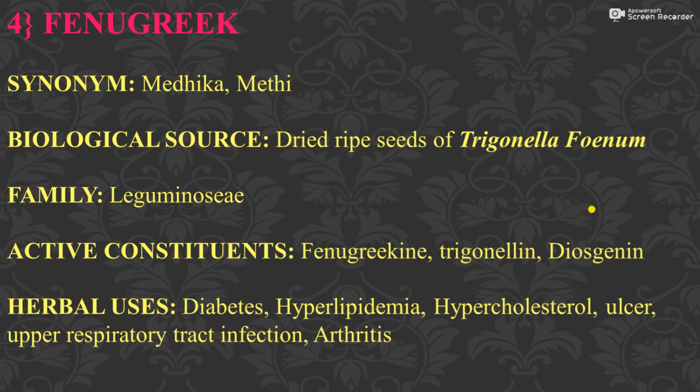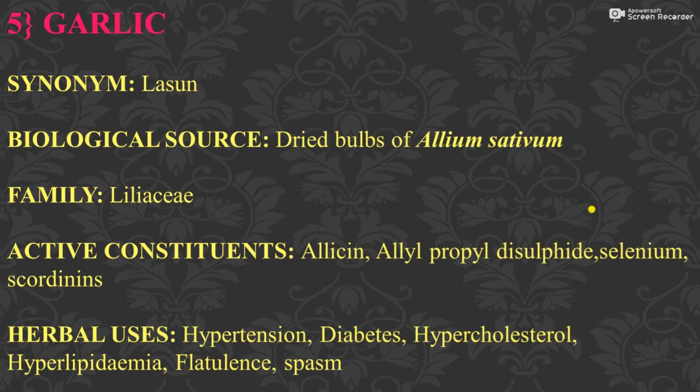Then garlic, the synonym of garlic is lasun. Then biological source is dried bulbs of Allium sativum belonging to family Liliaceae. Active constituents are allicin, allyl propyl disulfide, selenium and scordinins.